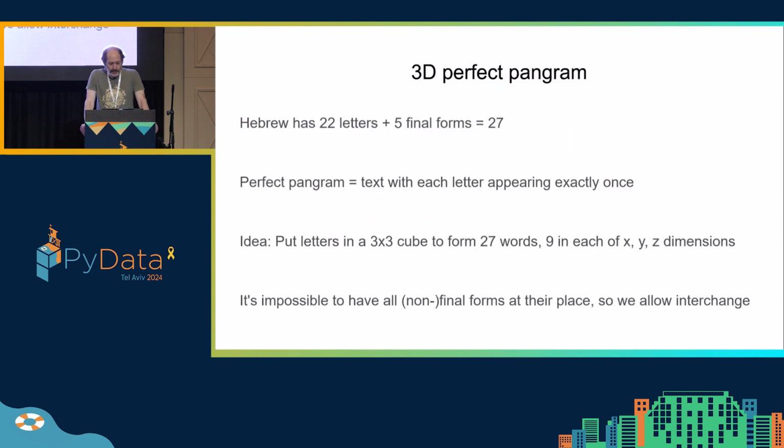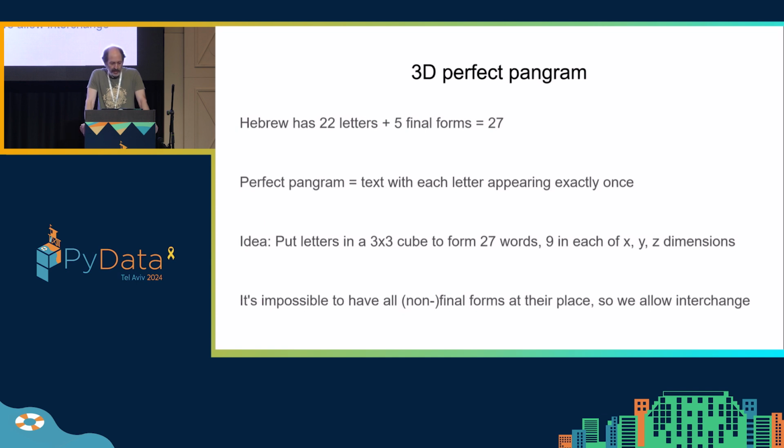So it will be a 3D perfect pangram. Something like this. Hebrew has 22 letters. If we add the 5 final forms, אותיות כמנפץ, we have 27 letters total. A perfect pangram is like a word game, a word play. It's text where each letter appears exactly once.